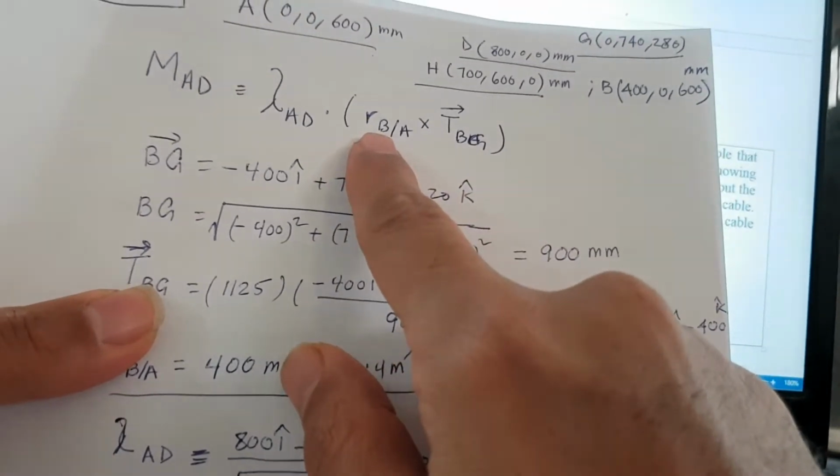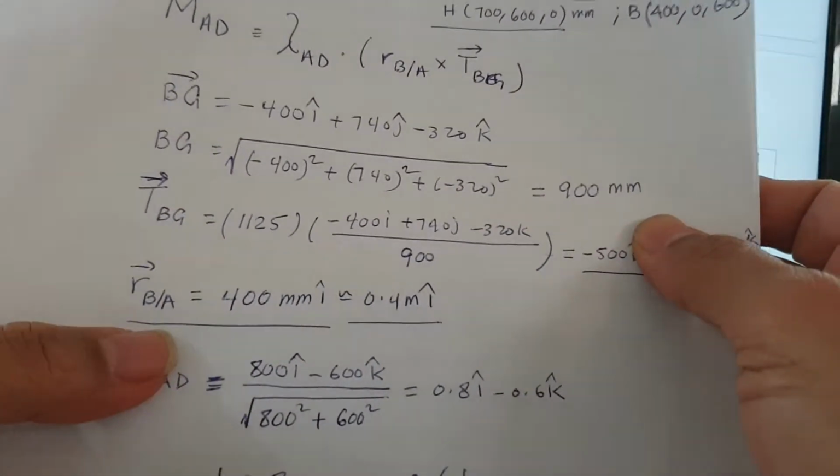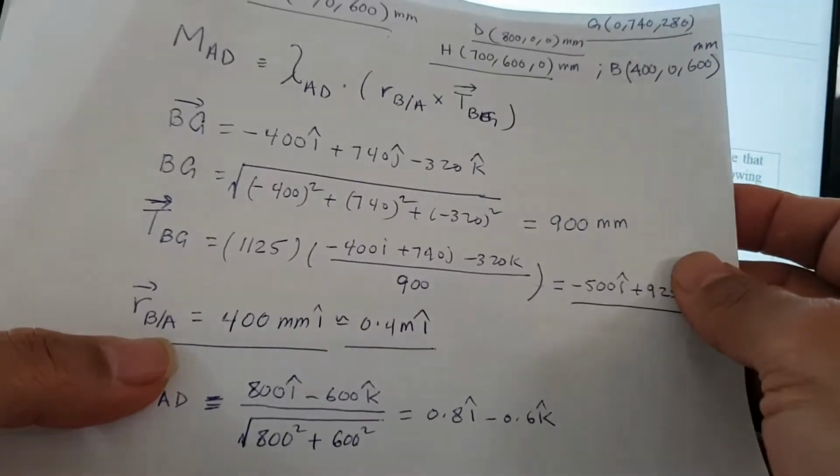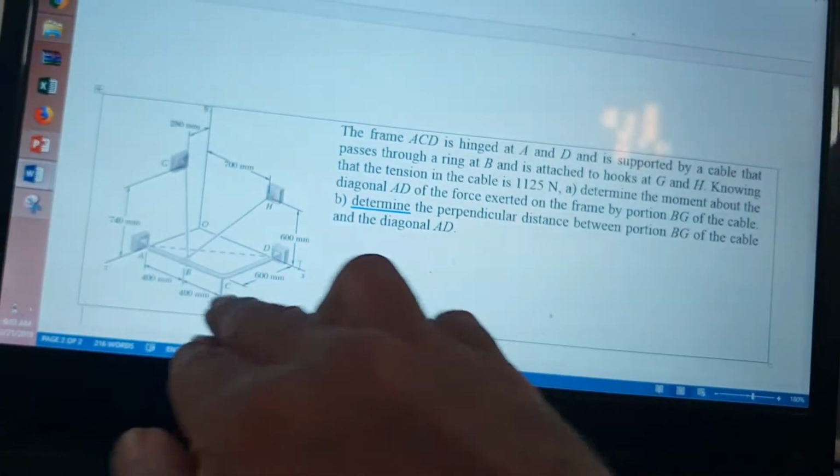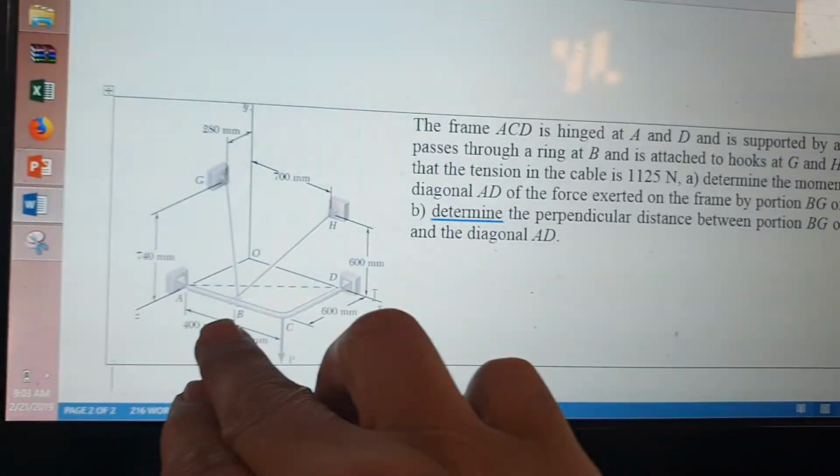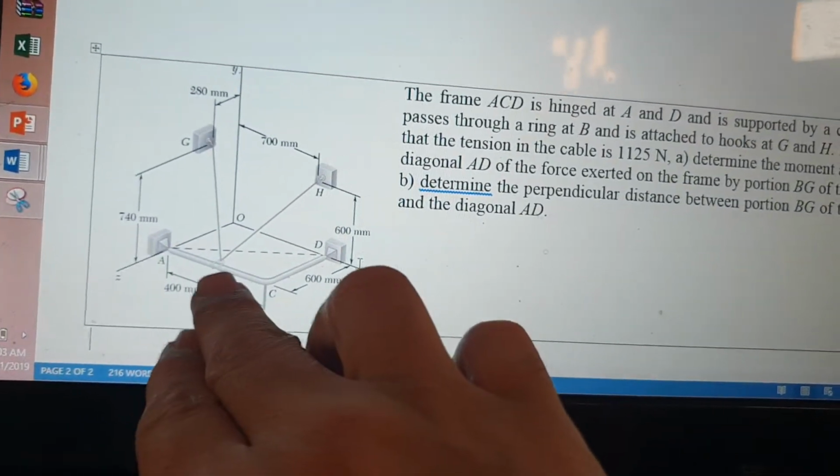Let's find r_BA. It is from B to A. From B to A, you can see it's only in the x-axis, so you're not going to go anywhere else.